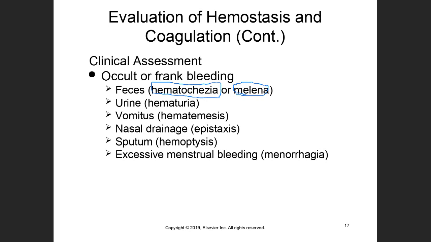Blood in urine is hematuria. When you vomit blood, it is hematemesis. Nasal discharge of blood is epistaxis. Hemoptysis is when you cough blood. Excessive menstrual bleeding is menorrhagia or menometrorrhagia.